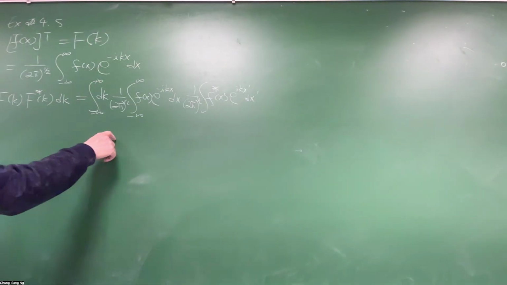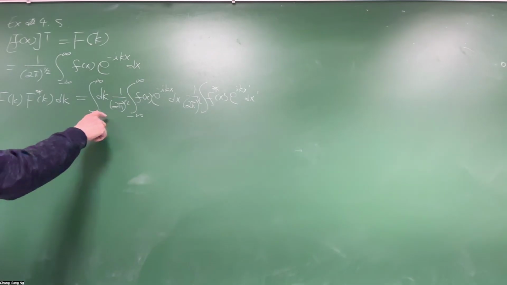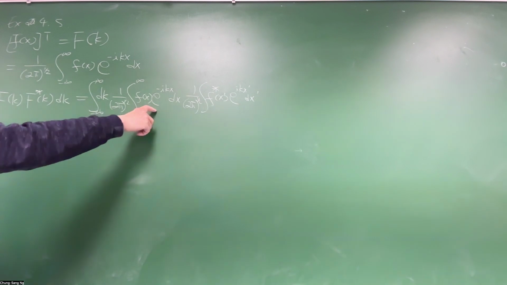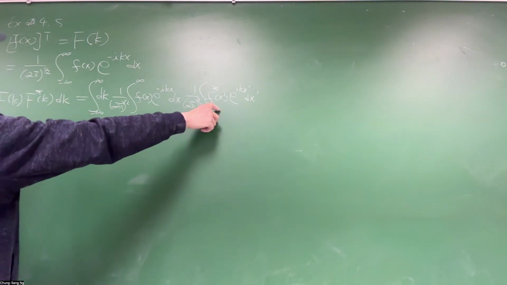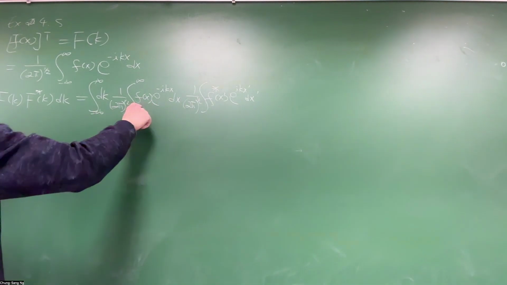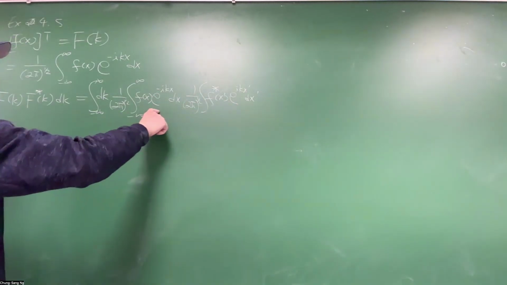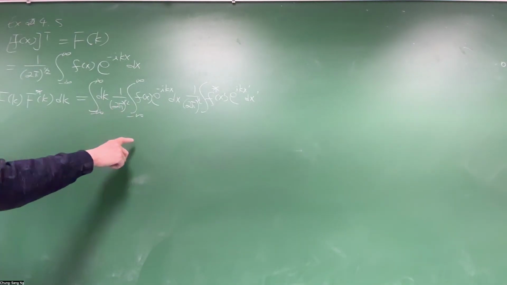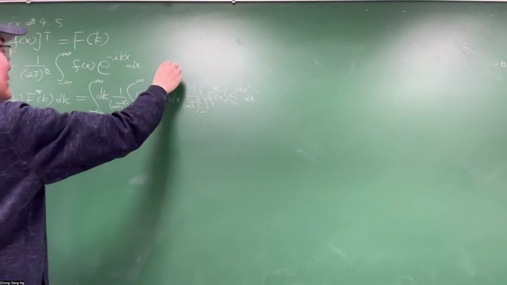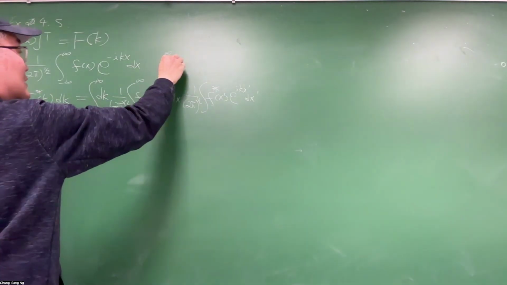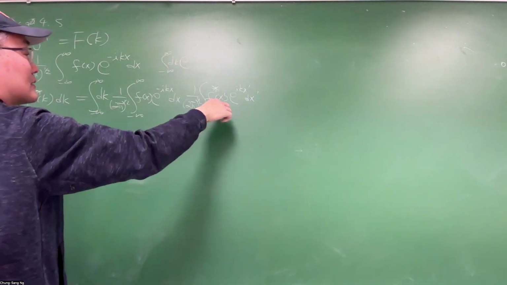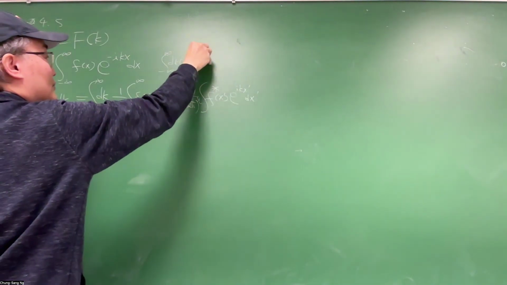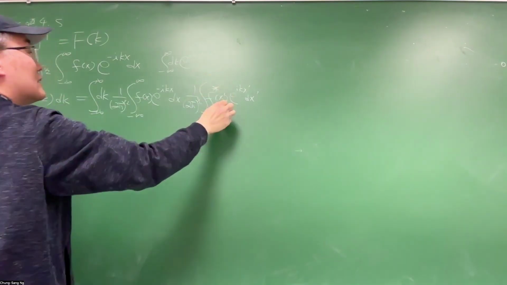Now what you do is integrate k first, because the only k dependency is this exponential factor and that exponential factor. Combined, you have dk, with the exponential factor e to the i k (x prime minus x).